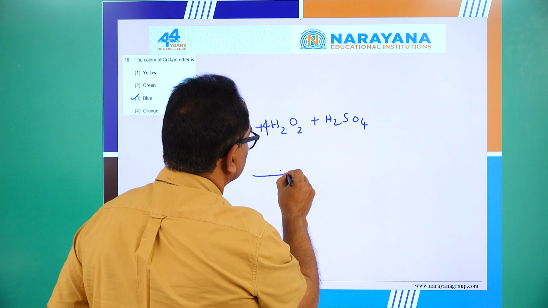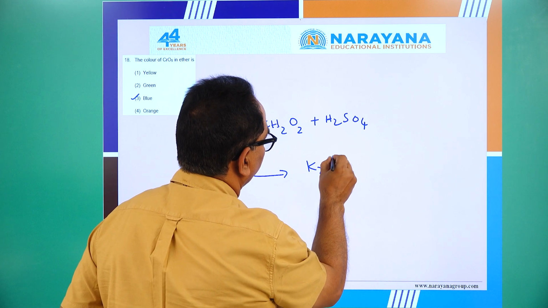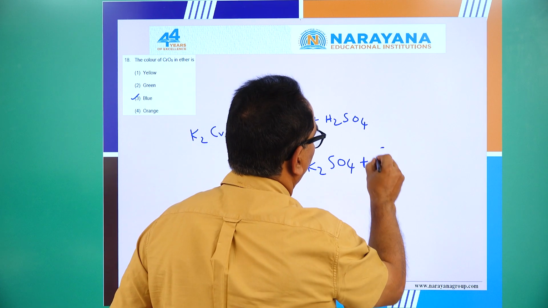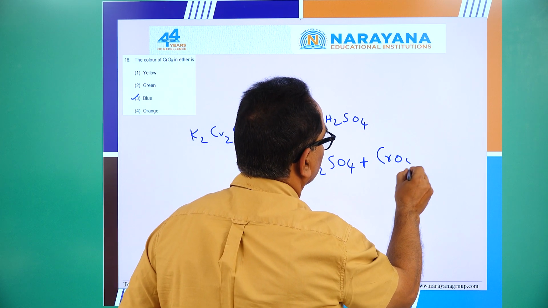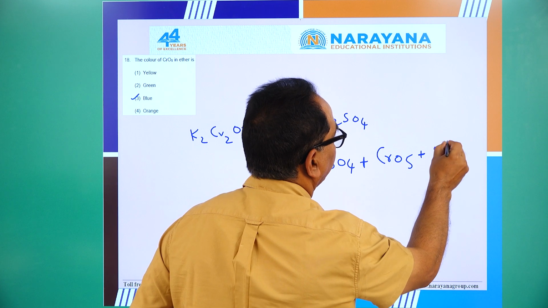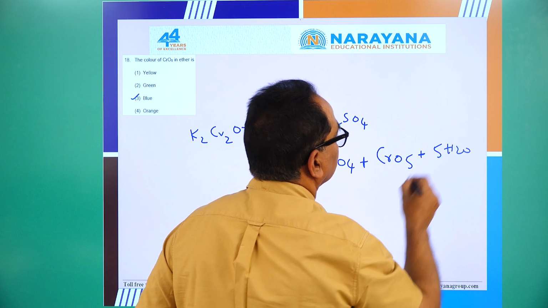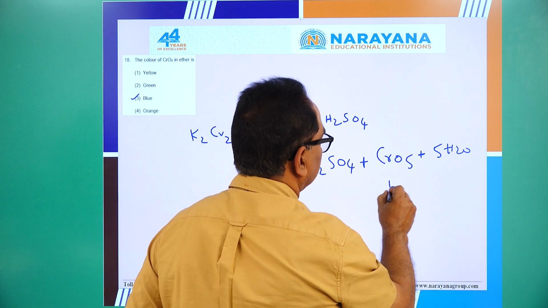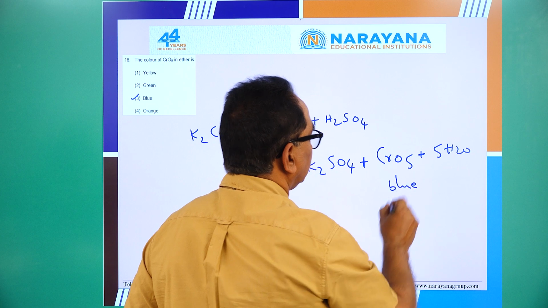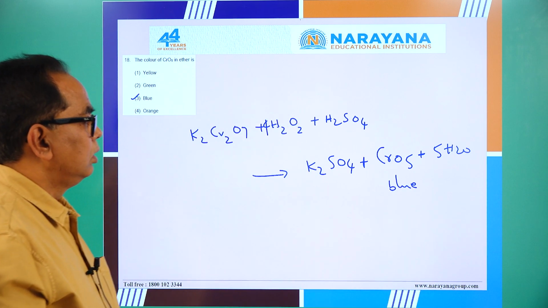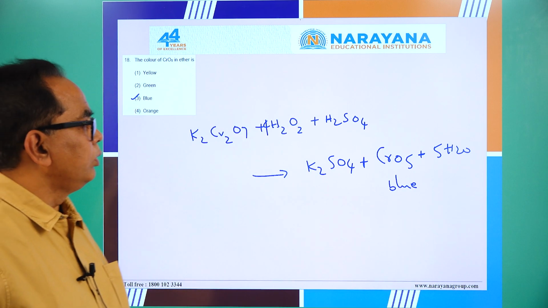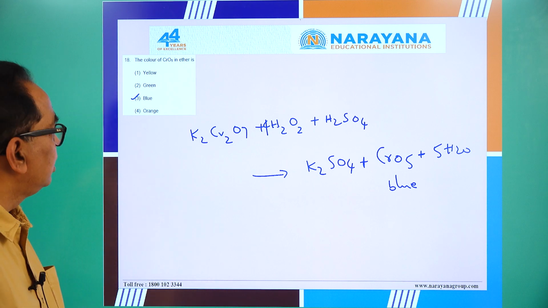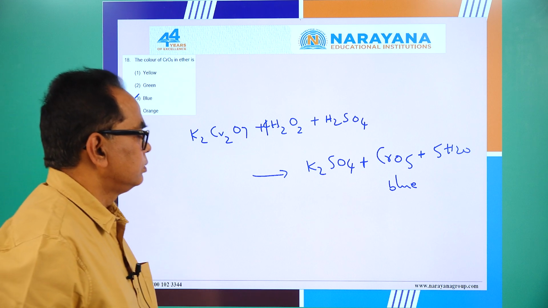Then we get K2SO4 plus CrO5 plus H2O. See, CrO5 is blue in color. Actually it is unstable, but to make it stable, it is dissolved in an organic solvent like pyridine or ether.